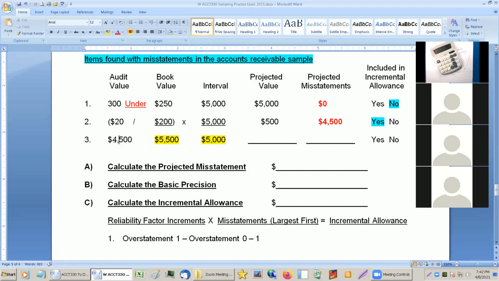Now, when that happens, what we're actually going to do is look for the actual misstatement. So what is this account actually misstated by? 1,000.